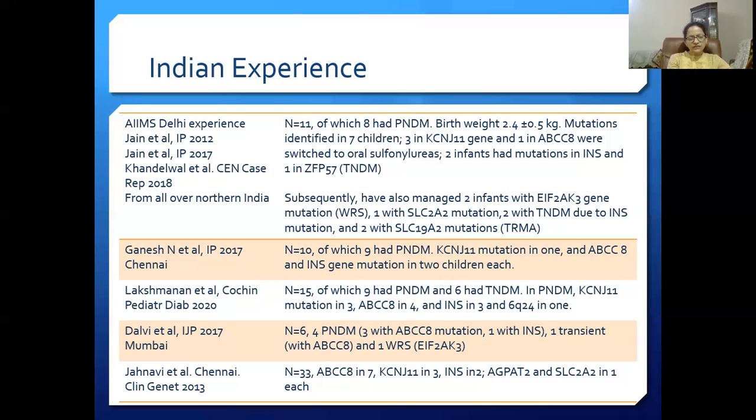And Jahnavi et al. from Chennai, this is the MDRF group, published in 2013 a case series of 33 babies, which is somewhat different from the others in that they have found more mutations in the ABCC8 gene. Whereas in literature, as well as in our series from northern part of India, KCNJ11 mutation was more common, in this series ABCC8 mutation was more common.